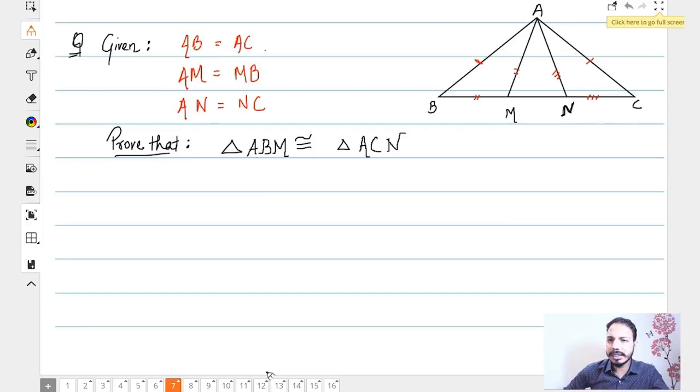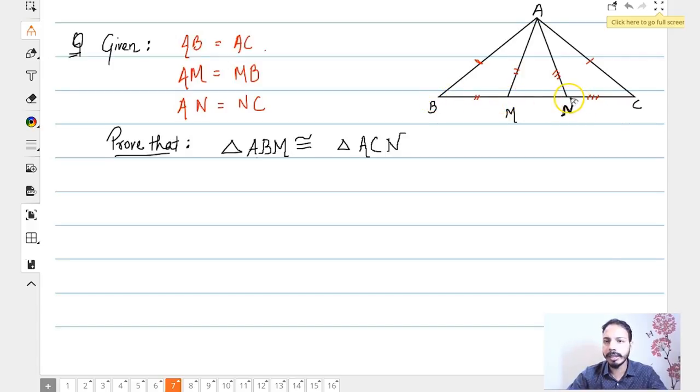So in this type of question, what is given is, you will be given a simple triangle ABC and it is said that this side AB is equal to this side AC. It is also said that this AM, that means this, is equal to MB, that means this.